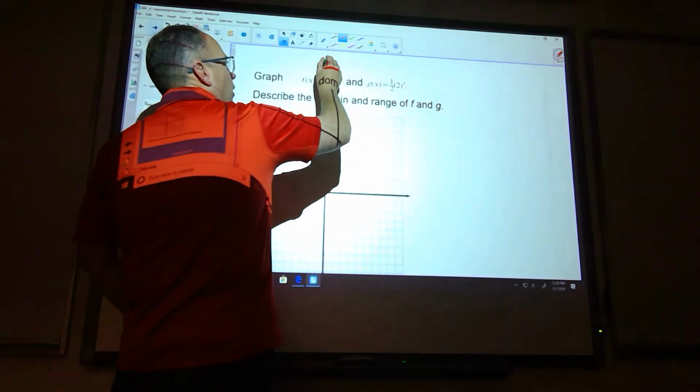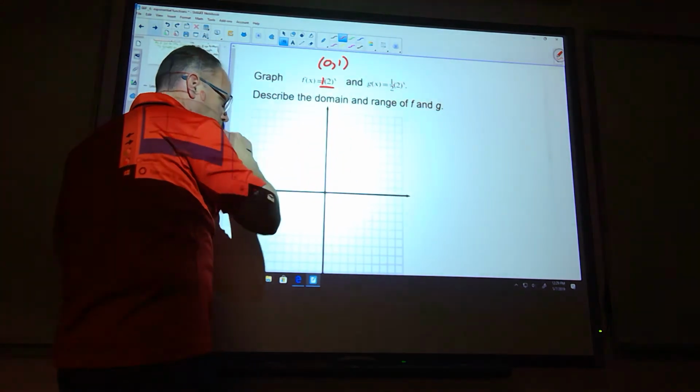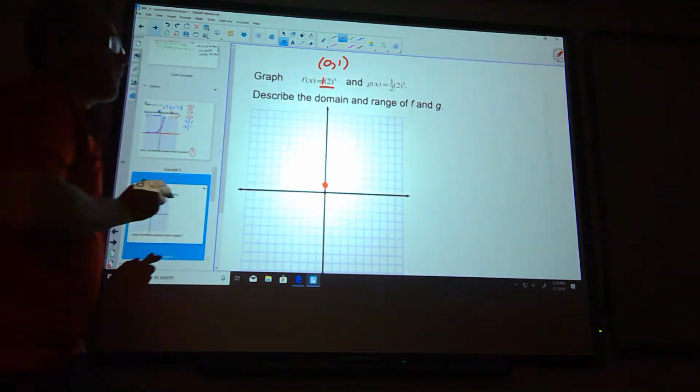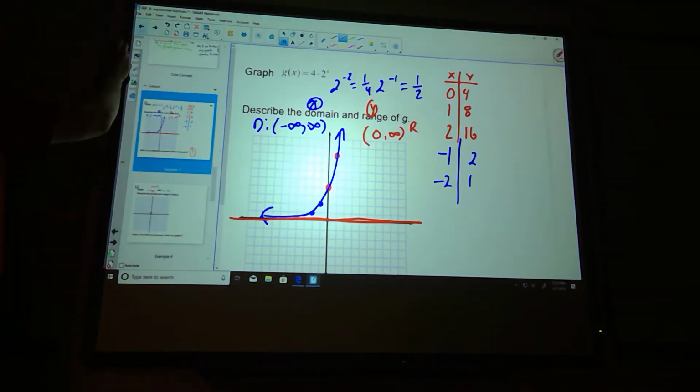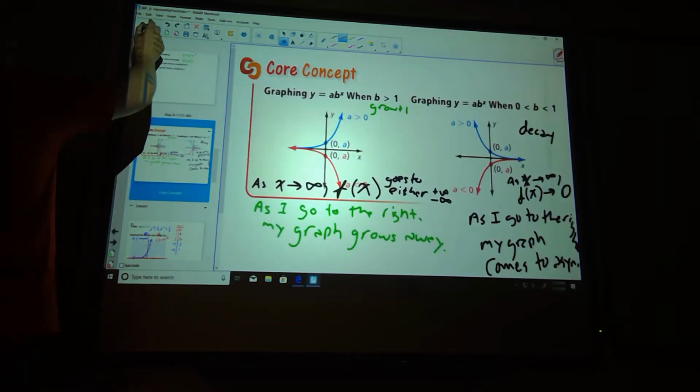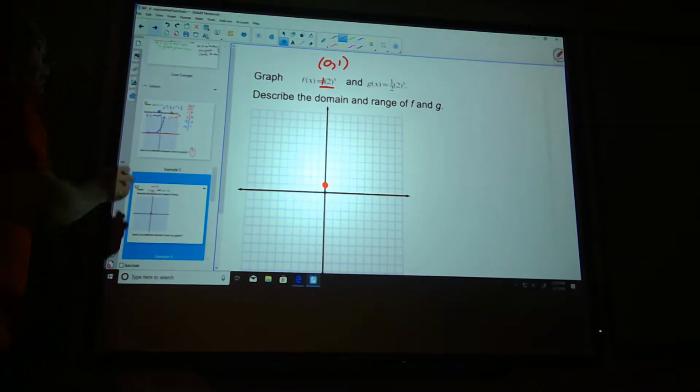So at 0, comma 1 is where I'm going to start. It's right there. And then what else did it say? It said, as you go to the right from A, multiply by B. Let's see if we can make that work.